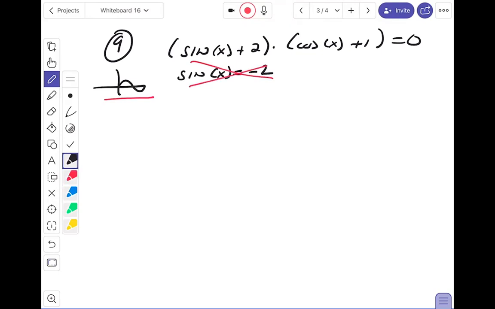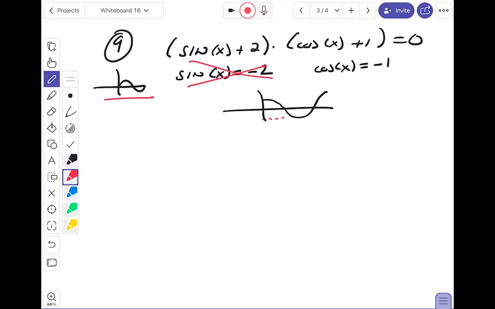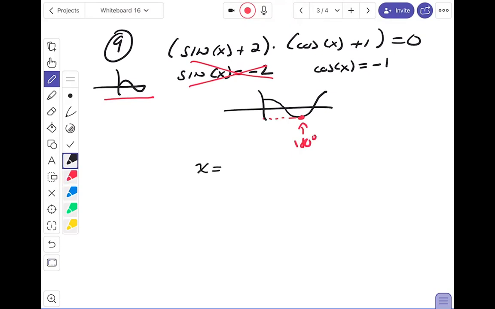The next one, does the cosine of x ever equal -1? Well, I'm going to draw a picture of the cosine curve, and it looks like this over here. The question is, does it ever equal -1? If you trace over, it hits it there. Now, where is that number? At 180 degrees. So I'm going to write this down. X equals 180 degrees.